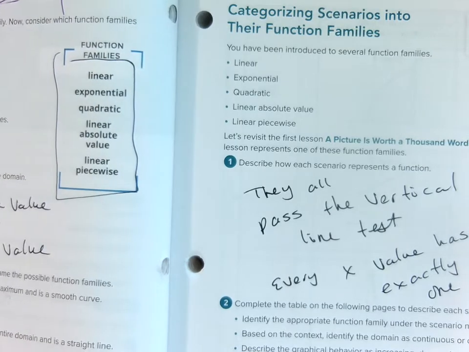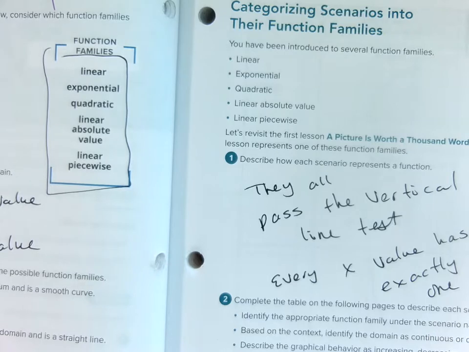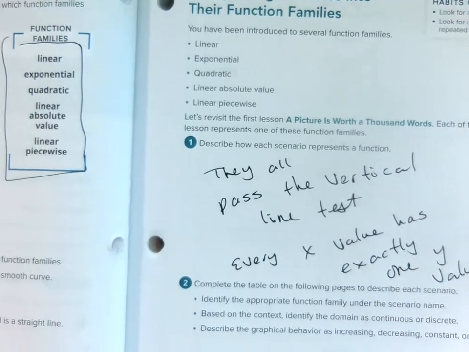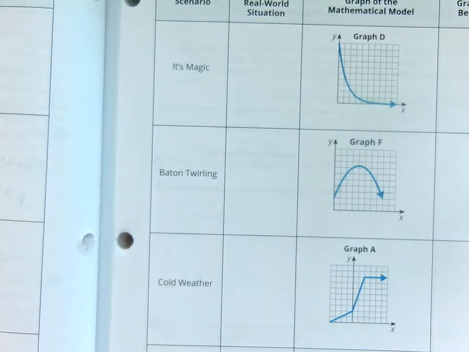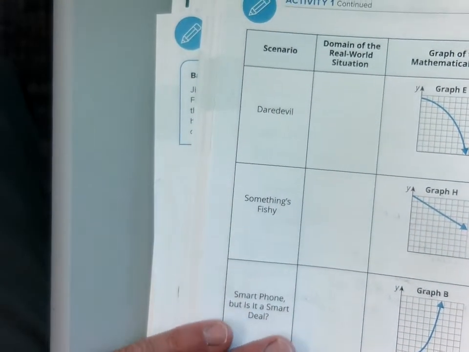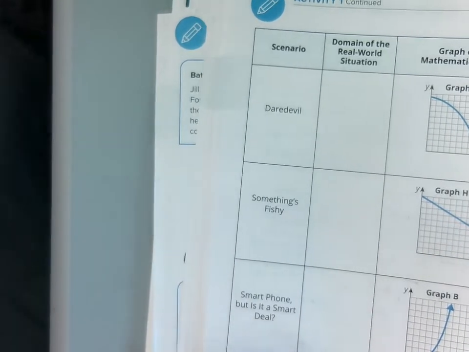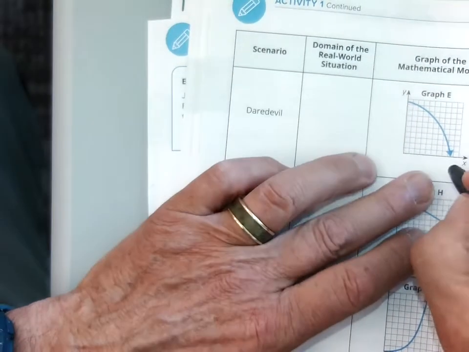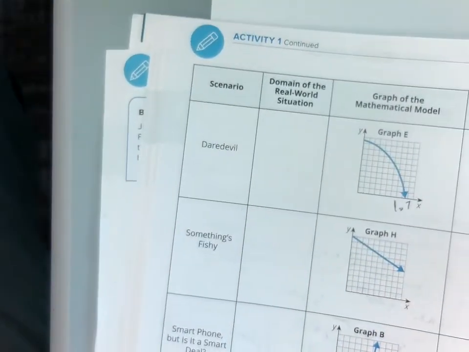So what we want to do as our homework is look at all of those scenarios again. Our homework is to work on pages 54 and 55 and do every one of these. I will do number one with you, so you understand. If I remember right, this is 1.7 seconds, and Daredevil, so we have to look back.